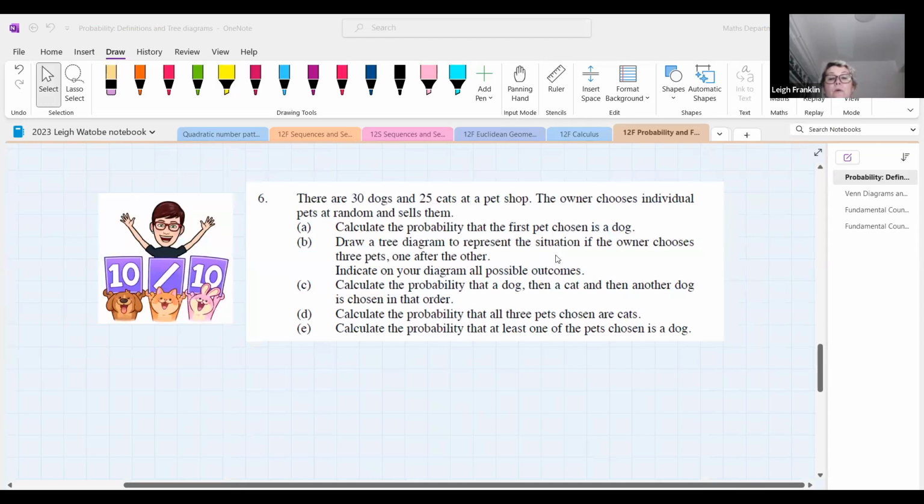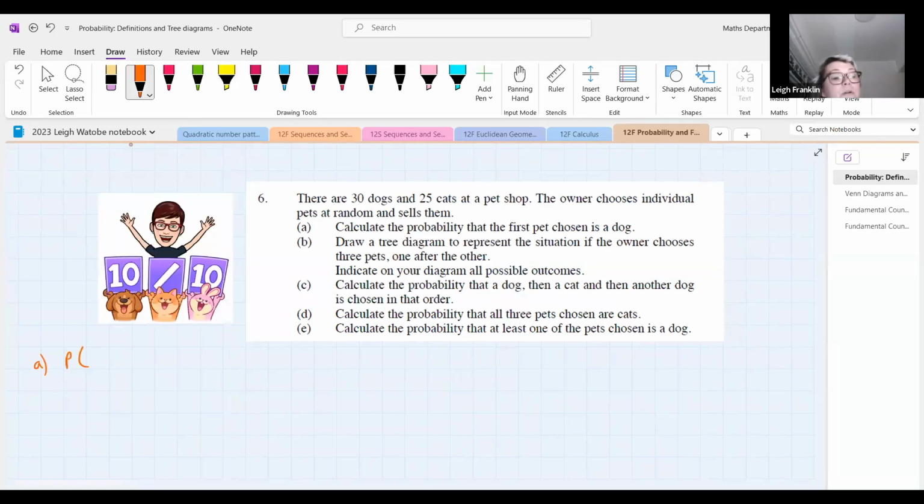The first thing that they ask us to do is calculate the probability that the first pet chosen is going to be a dog. How would we calculate that based on the information we've been given? There are 30 dogs, 25 cats. The owner chooses an individual pet at random. What's the probability that the first pet chosen is a dog?